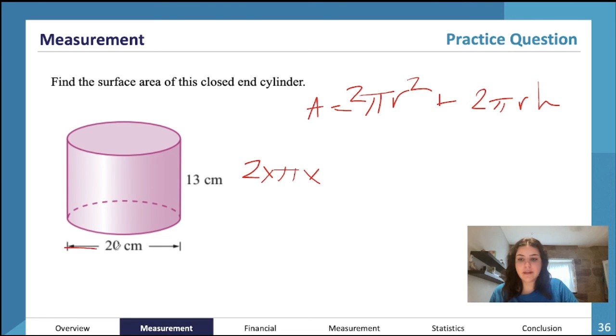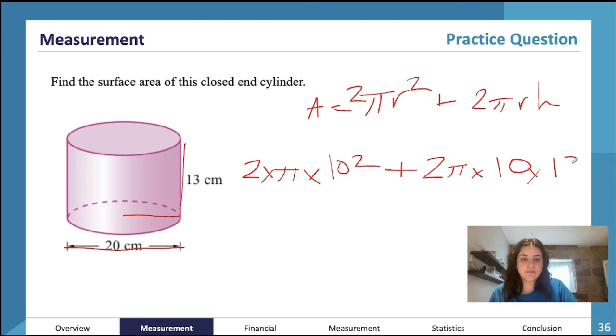This is a 20 centimeter diameter, so our radius is 10 centimeters. 10 squared plus 2 pi times 10 times what's our height? 13 centimeters. That all goes in the calculator. 2 times pi times 10 squared plus 2 times pi times 10 times the height of 13.